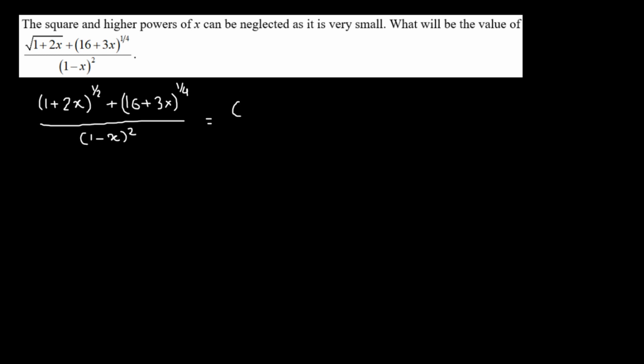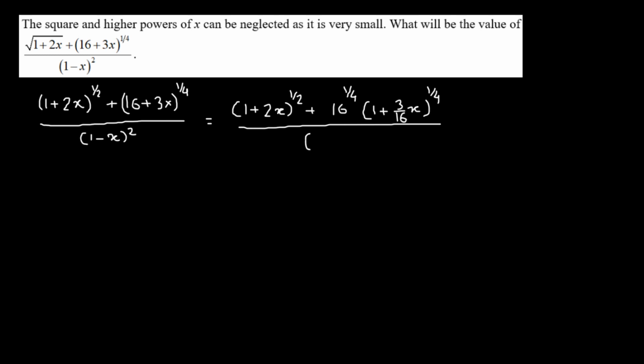Now, keeping the first expression the way it is, which is (1 + 2x) raised to the power of 1/2, now we factor out 16. So we have 16 raised to the power of 1/4 times (1 + 3/16 x) raised to the power of 1/4 divided by (1 - x) whole squared.